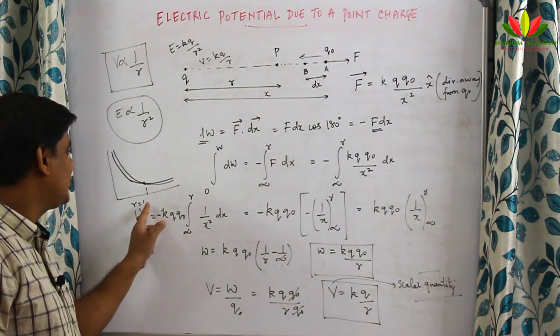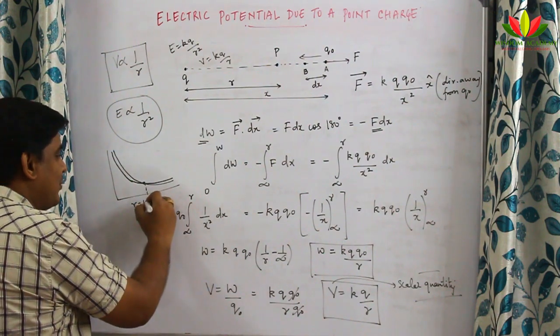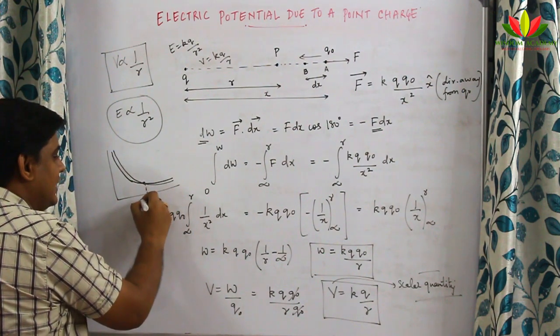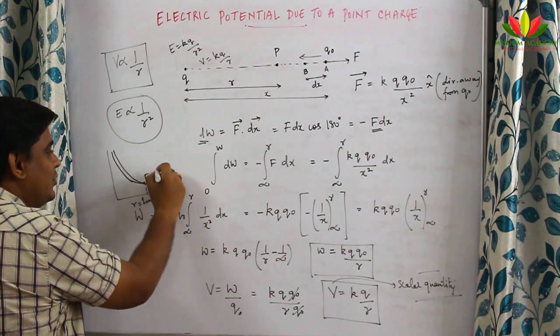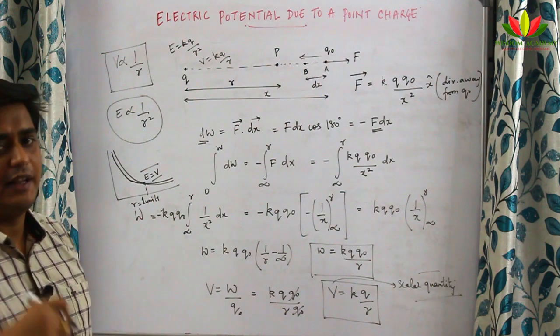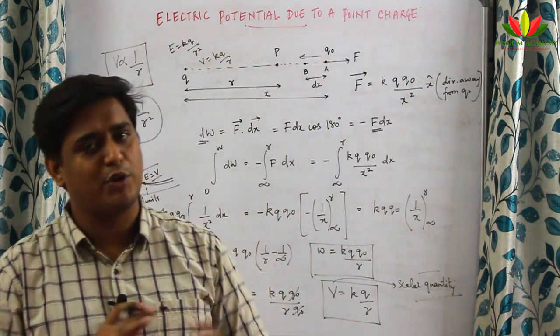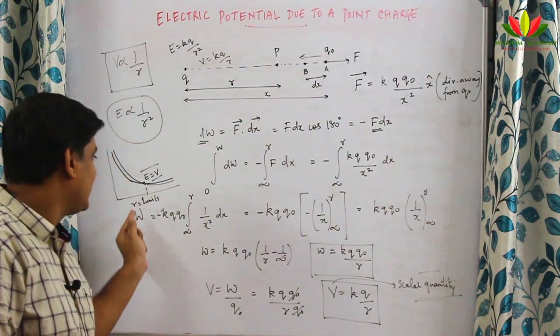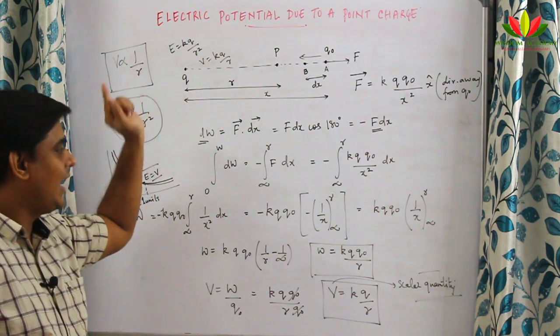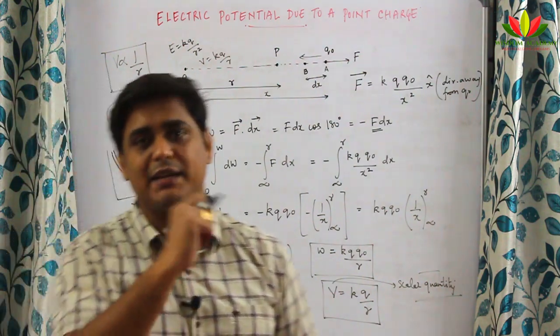So at r equal to 1 unit, remember that E will be equal to V. I will tell you the relationship between electric field and potential in the upcoming session, but for now understand that at 1 unit, electric field and potential will have the same magnitude.